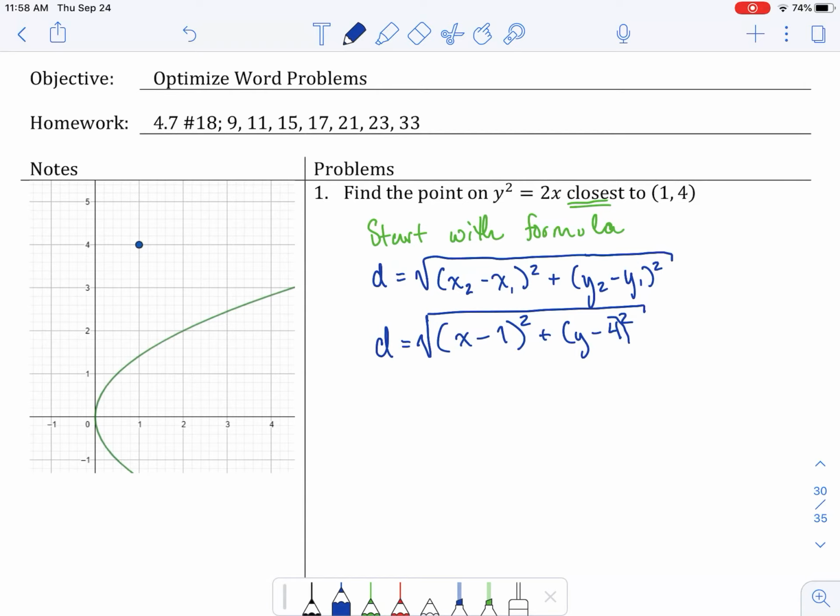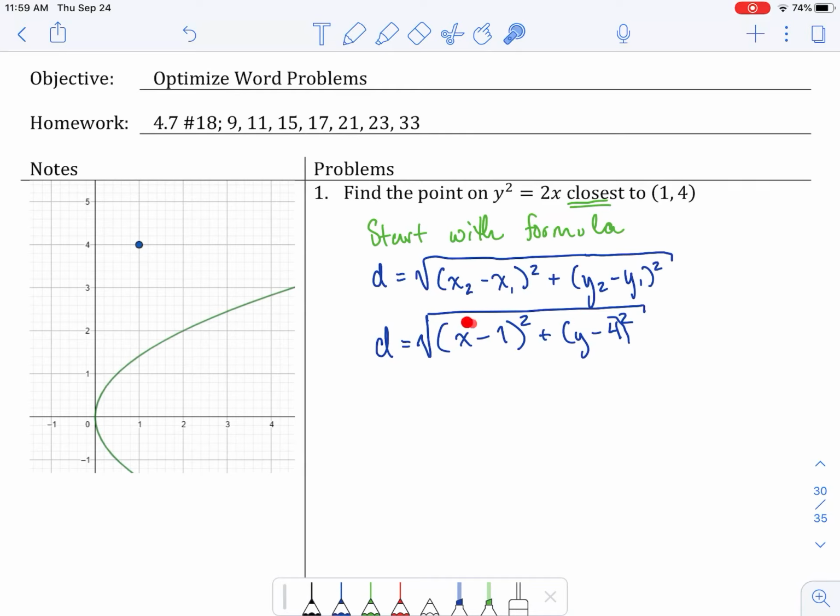We still have multiple variables, and you're going to want to find the maximum or minimum, so you're going to be taking the derivative, and more variables means that you have to use implicit differentiation, all these other steps. I don't necessarily want to do that. What I want to do is reduce the number of variables, and then I won't have to use implicit differentiation.